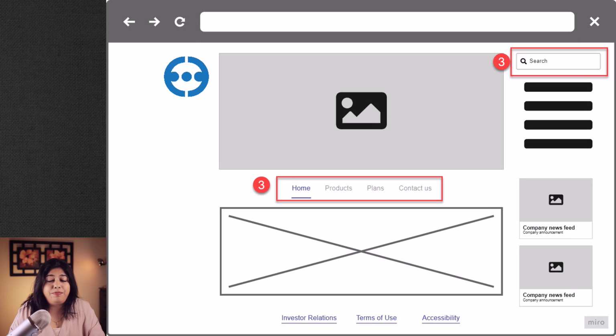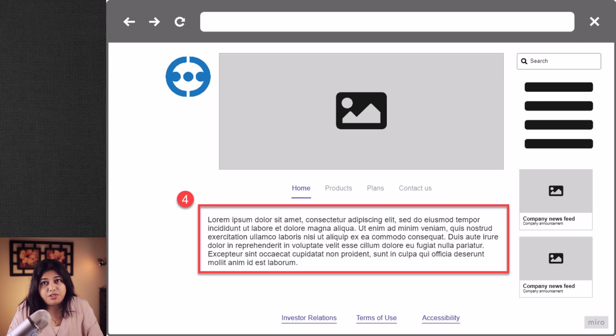And some of them were even leading to blank pages because we were not there yet. And finally, on the fourth iteration, we did get the approved content for the landing page, and we added that to our home screen.